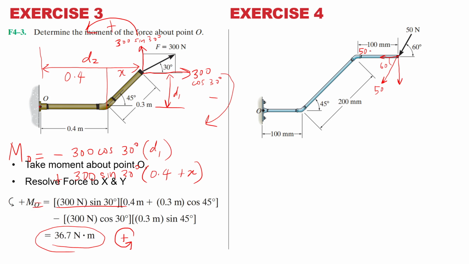Right? Cos 60. Cos 60 degrees. So you don't need to think anymore. 50 sin 60 degrees. So two forces. So this force is along this direction.